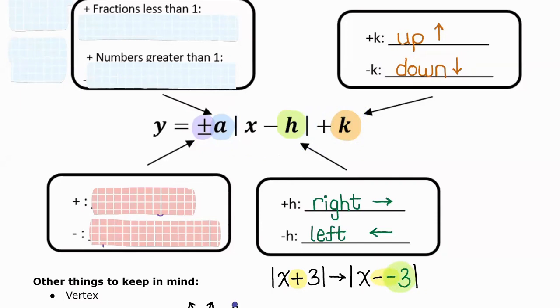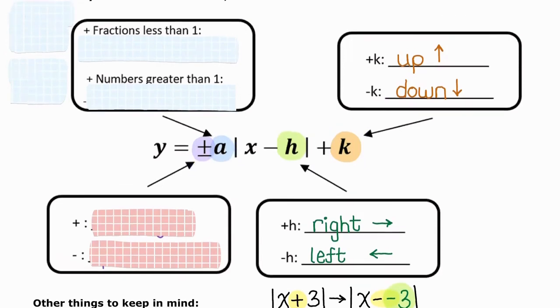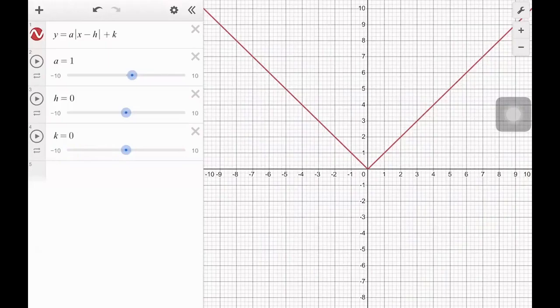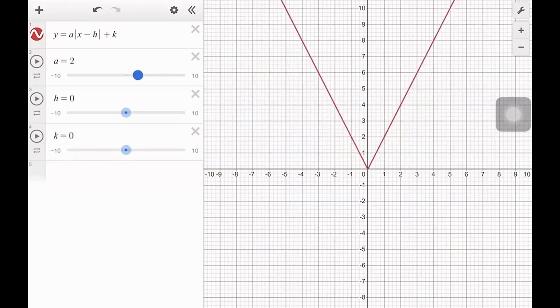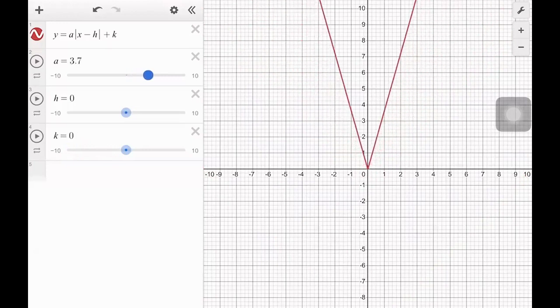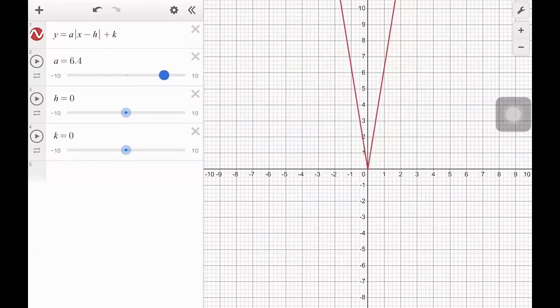Let's do the next one, which is going to be this letter A in the front. Let's see what happens. And notice you also have a plus or minus sign. So that is going to be a little tricky. So we're just going to do both of these transformations together. All right, here is our parent function. So A, notice if it's larger than 1, what do you notice is happening to my absolute value? Ooh, it's getting very tall.